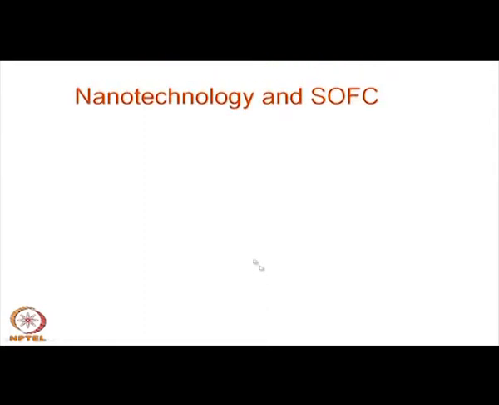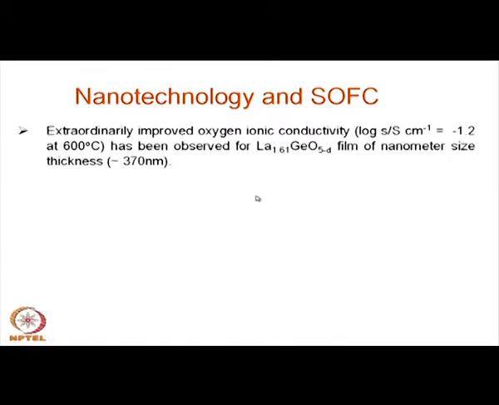I will finish this discussion on SOFC with a couple of slides on nanotechnology and SOFC. With the development of the nano concept, it has a bearing on SOFC performance and SOFC development also.